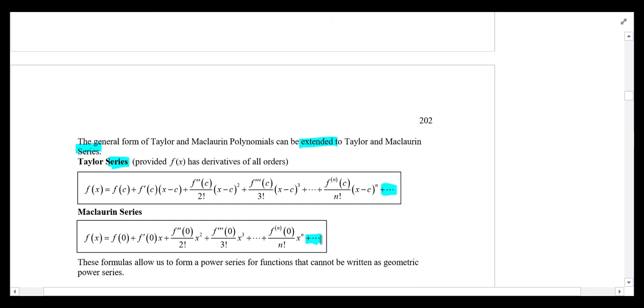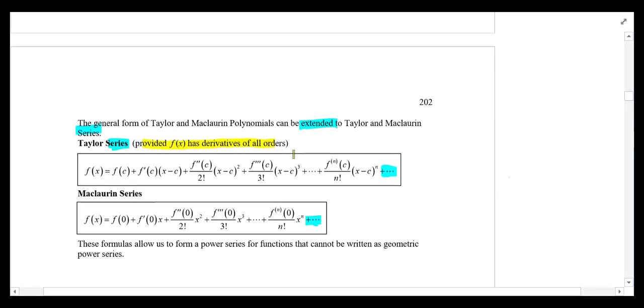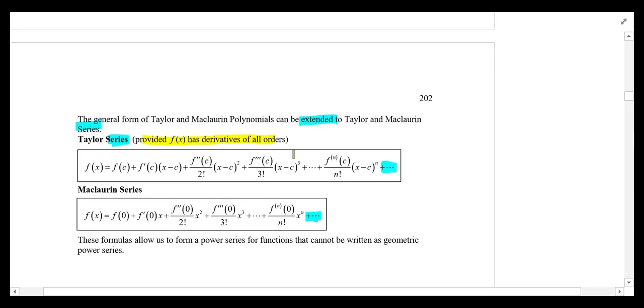Of course, we have a caveat that the derivative has to exist for all the different orders. Okay, so these formulas now allow us to form power series. Why do we call these power series? Because they're powers of x. For functions that cannot be written as geometric power series.